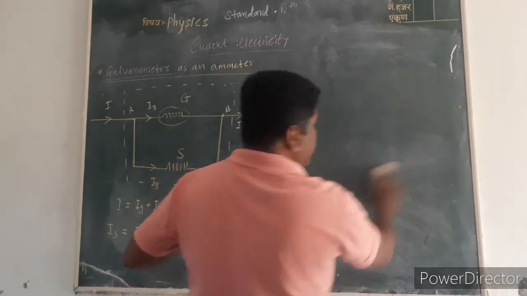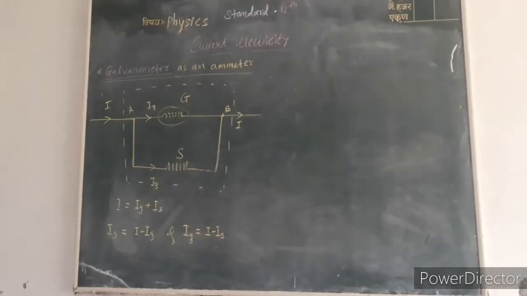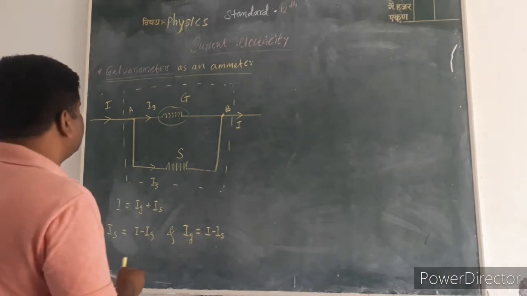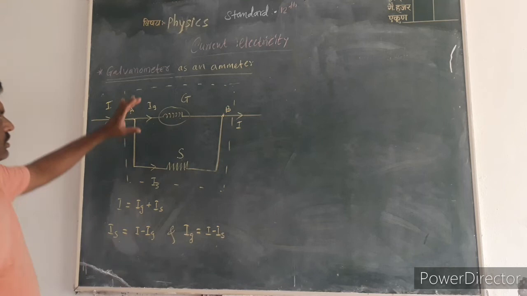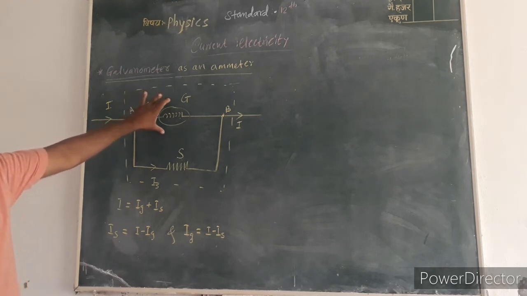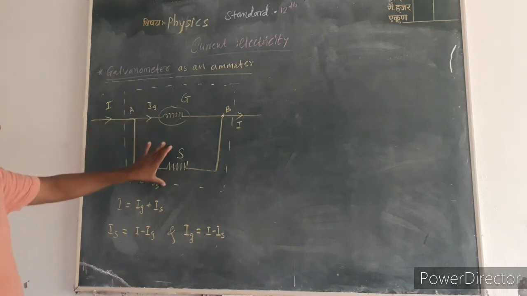Also, according to Ohm's law, the potential across this galvanometer coil and potential across the shunt resistance is same.